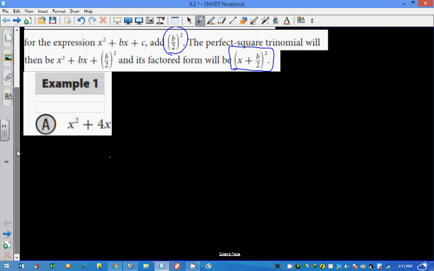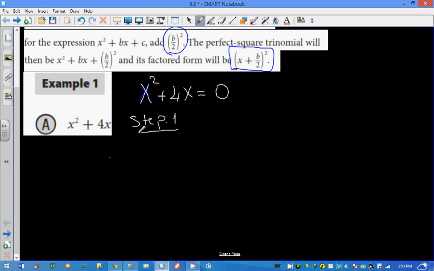Let's talk about example 1. x squared plus 4x equals 0. In step 1, we have to identify b. The value of b is 4.